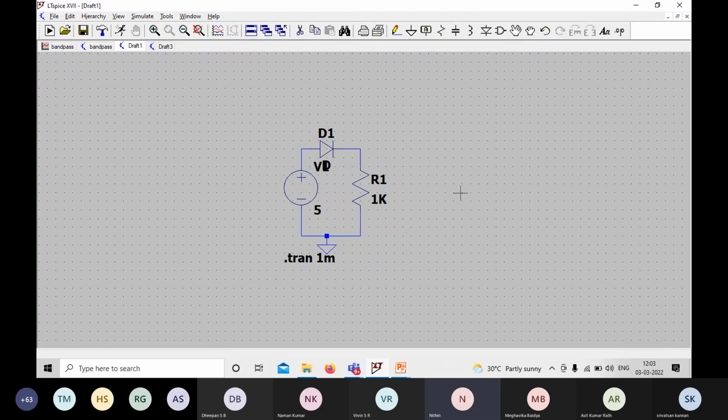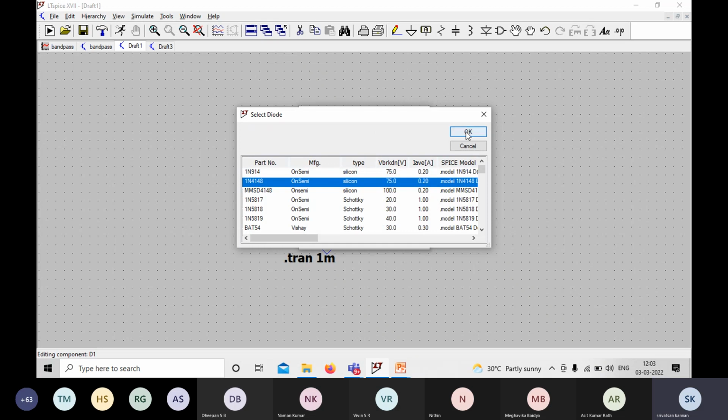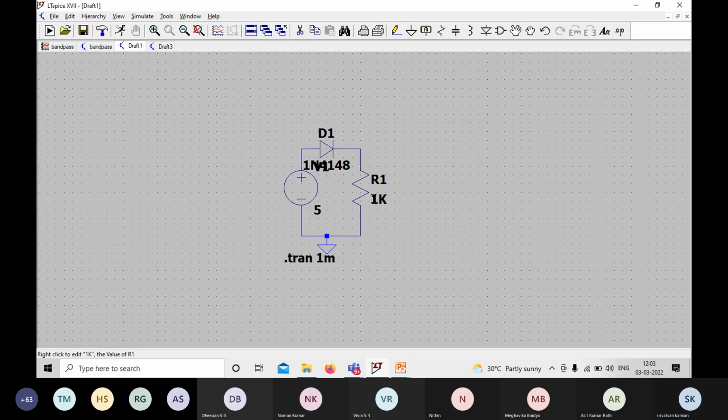So what's the diode value? The diode is 1N4148. Once done, tell me.